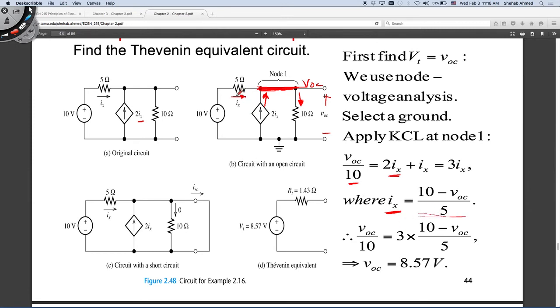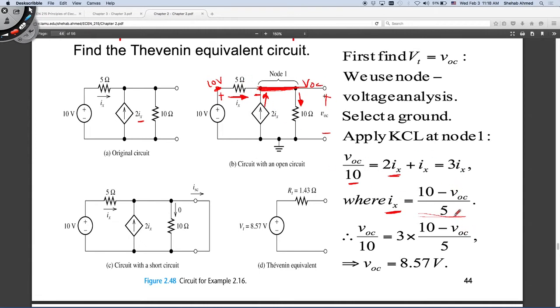We defined Ix in this direction. So positive is here. This is a resistor, so positive is here, negative is here, and this is all one node. So Ix is equal to 10 volts, which is what we have at this node here, minus what we have on the other side of the resistor, which is the open circuit voltage, divided by the value of the resistance.